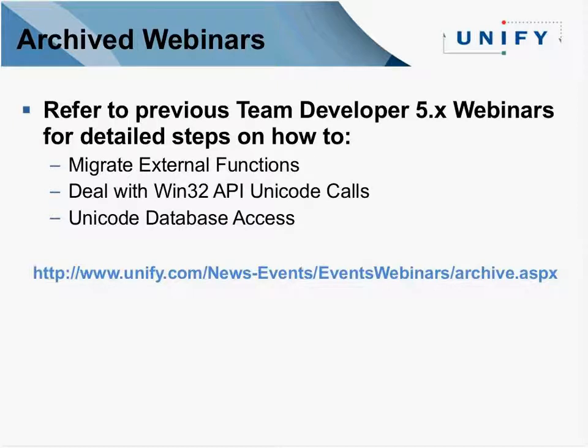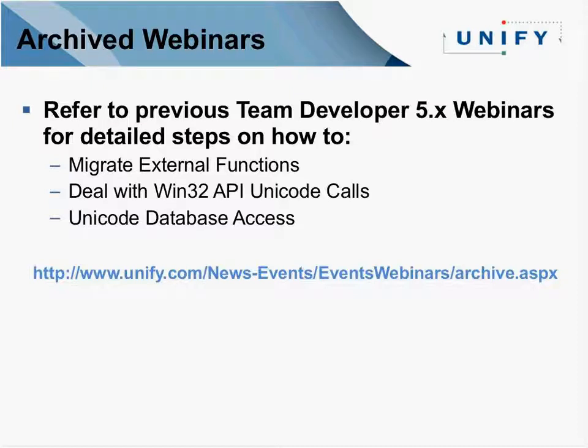So like I said before, all those changes have been documented. We have samples, and we also have archived webinars explaining in detail all those changes and all those extra steps if your application requires them. So we have archived webinars on migrating external functions, on dealing with Windows 32 API, Unicode calls, Unicode database access.